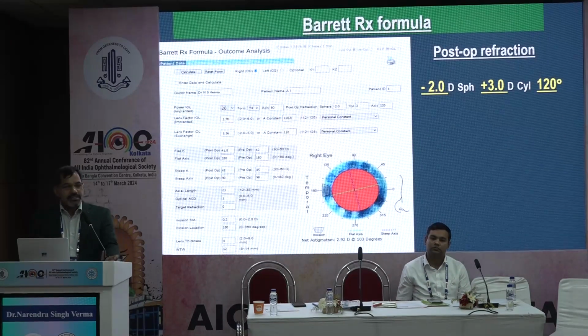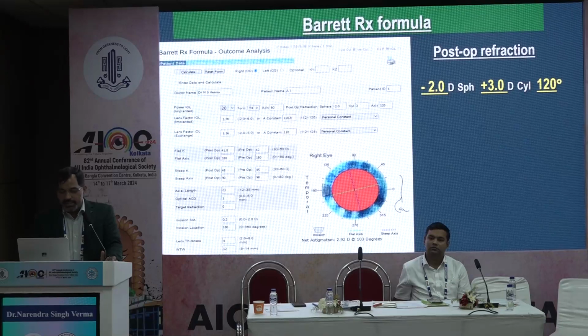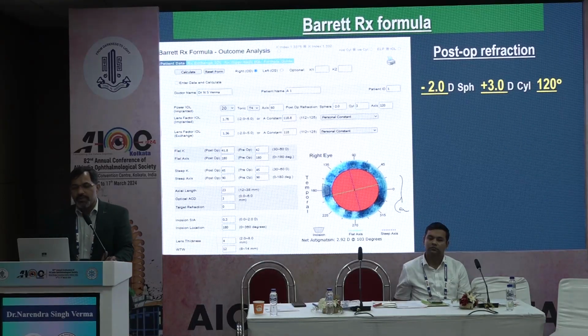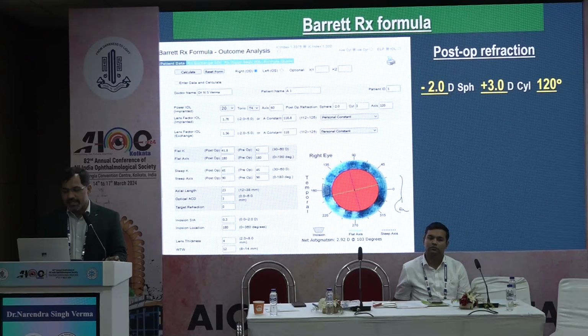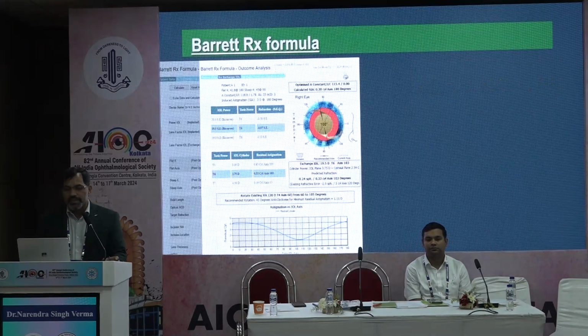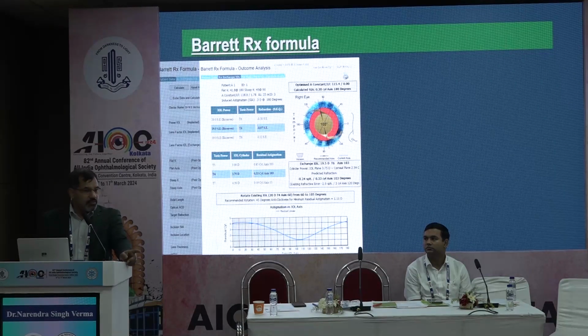So I want to compare the Barrett with astigmatismfix.com. Consider a case in which post-op refraction is -2 diopter spherical with +3 cylinder. When we enter the data in this Barrett toric calculator, it tells us there is rotation from 60 degree to 105 degree.